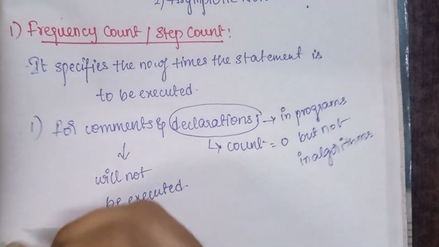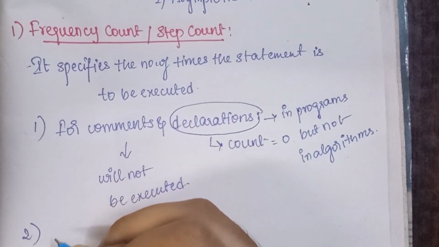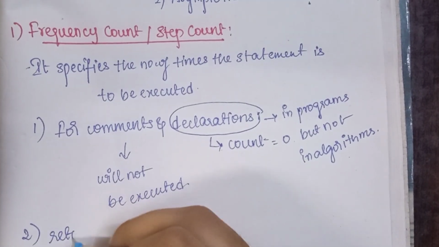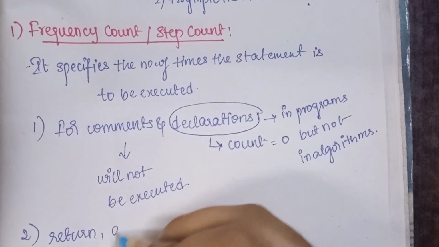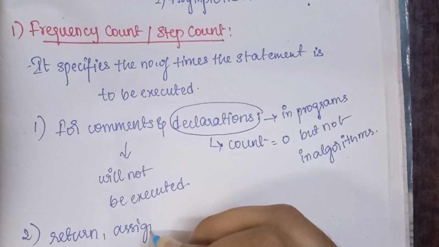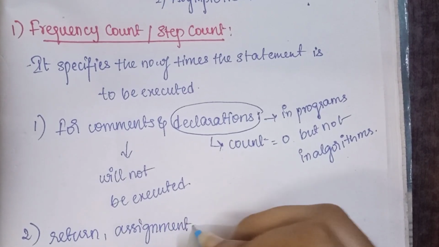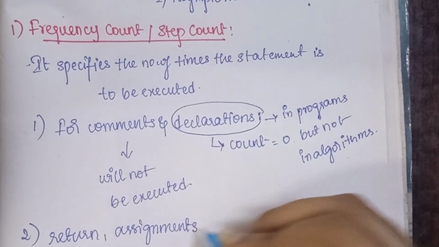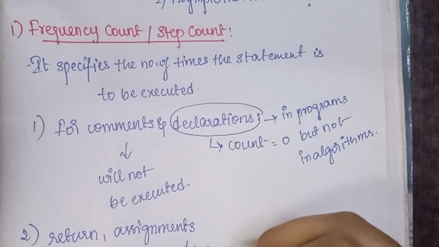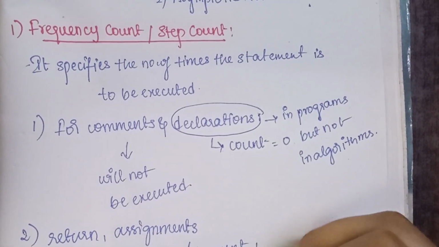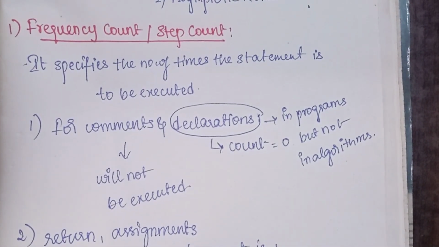And the second rule is that return or assignment statements will be counted. For these, your count will be 1. So the count is 1 for these statements.